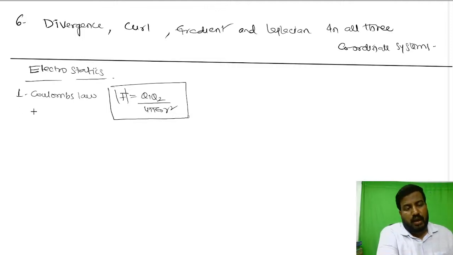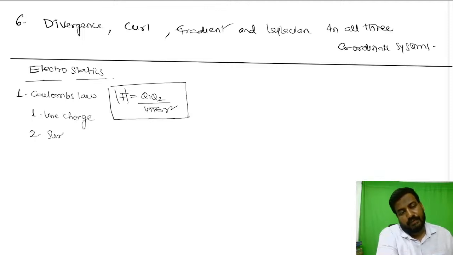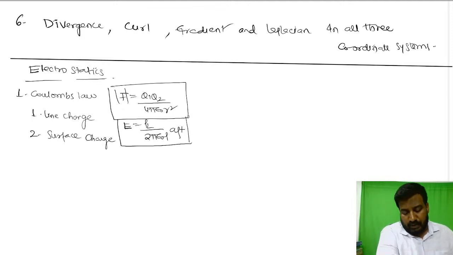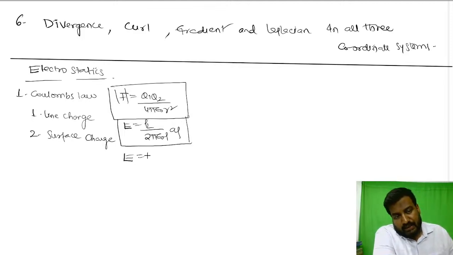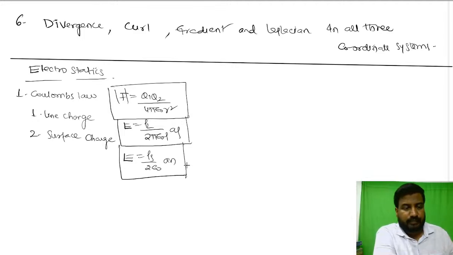And you should derive the Coulomb's law for line charge and surface charge. For line charge, look at electric field as rho l by 2 pi epsilon naught r, a rho. We have done sufficient number of problems also, both in the recording as well as in the live class. For surface, rho s by 2 epsilon naught an.